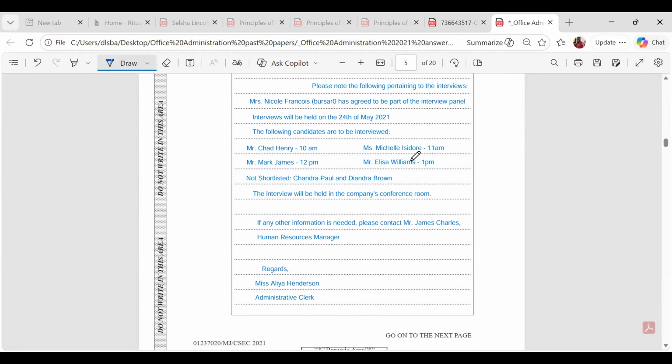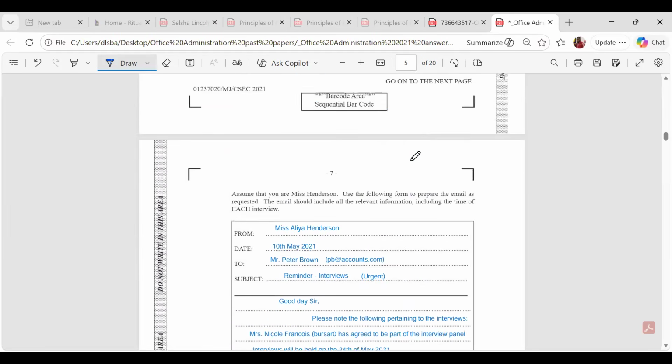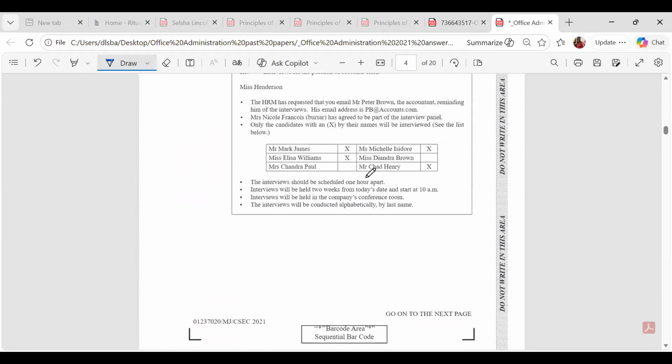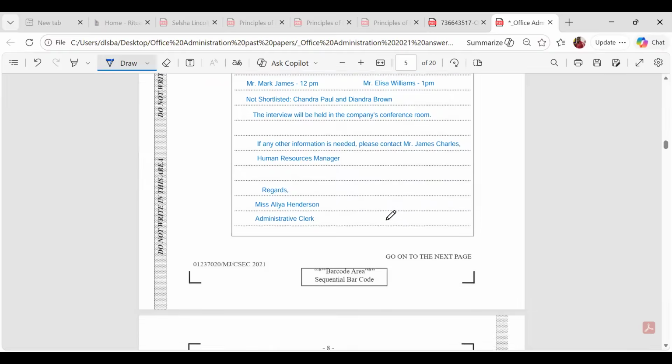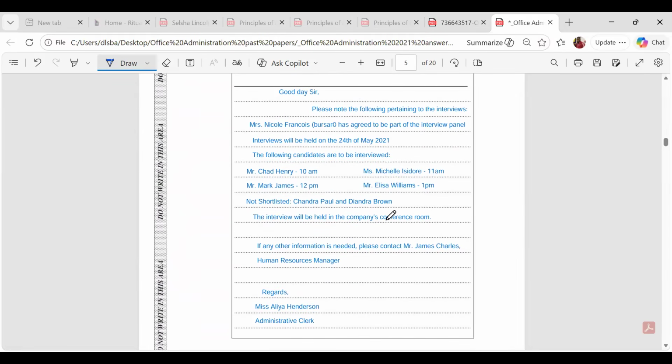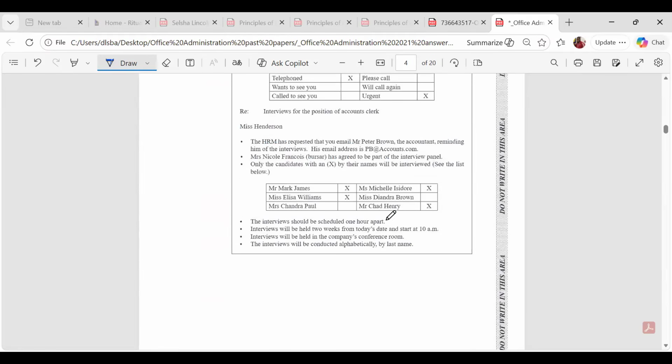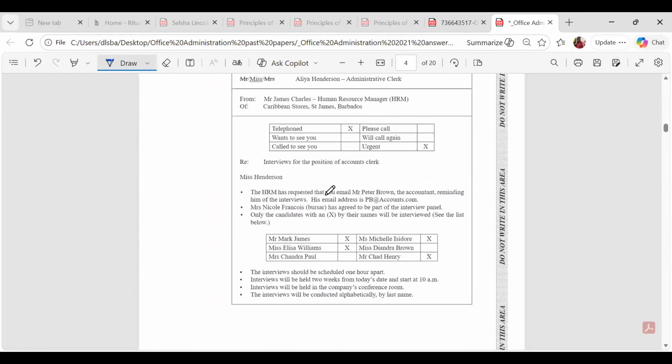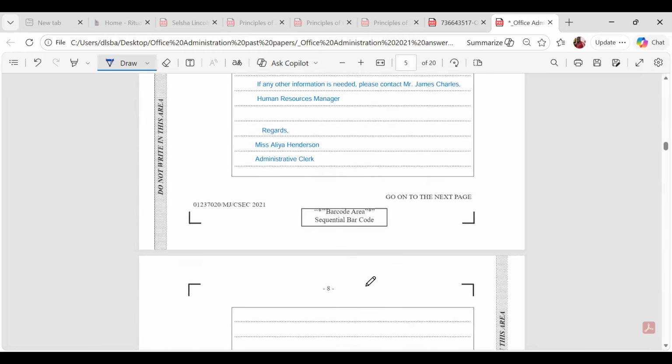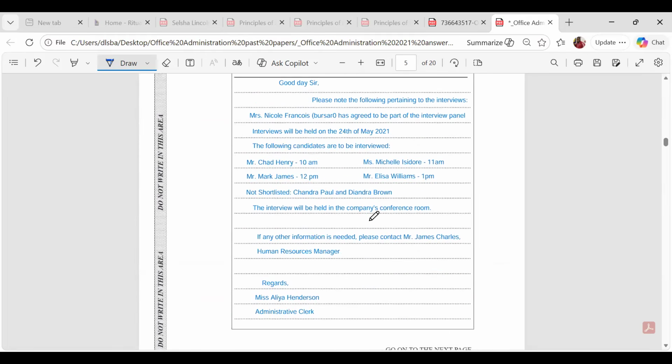And then the others were not shortlisted, so I just put that one time. Shortlisted is when, out of the group of people that applied, you get selected to be interviewed. Then I put where it will be, and they said it will be done in the company's conference room. So I put that.